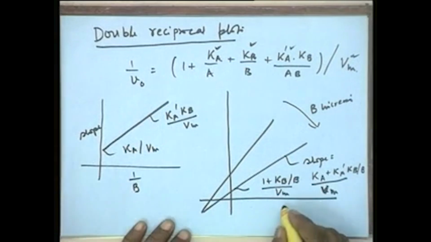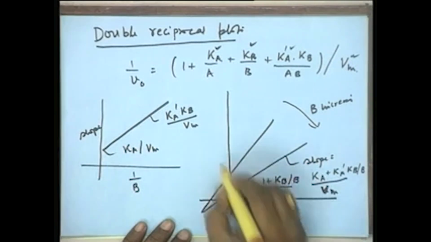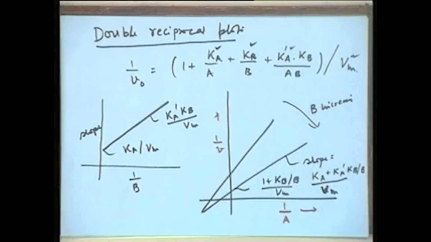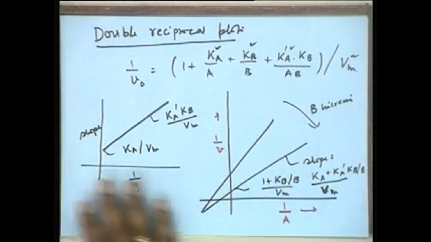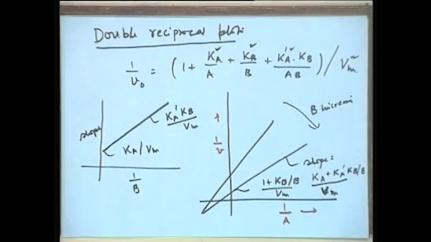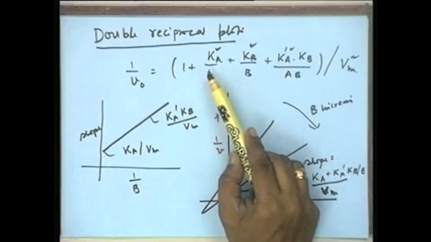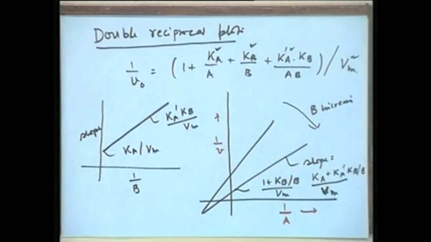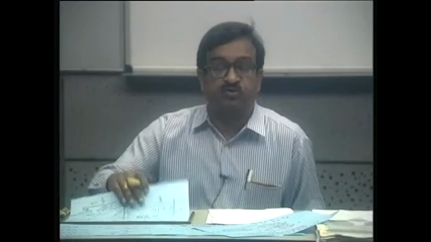For example, in the case of 1 upon A and 1 upon B, if you plot, you get a profile like this with B varying, and if you plot slope versus 1 upon B and similarly intercept versus 1 upon B, you can determine the values of Ka, Kb, K' and Vm. So by analyzing these parameters, if the magnitude of K' is 0, one can conclude that the reaction mechanism under study follows a binary reaction mechanism.